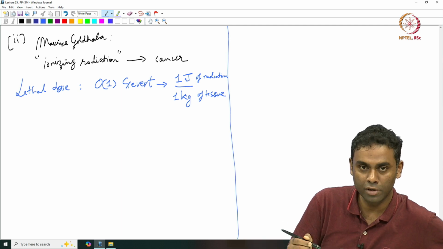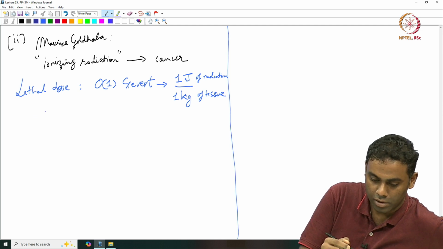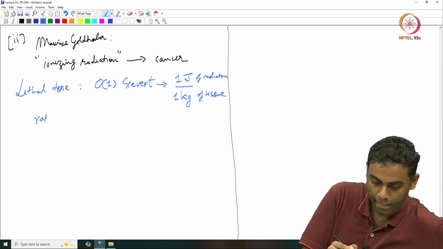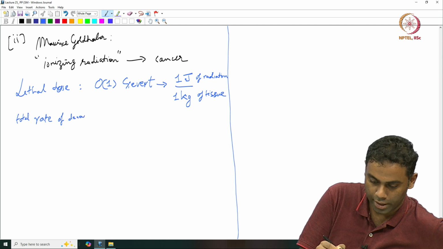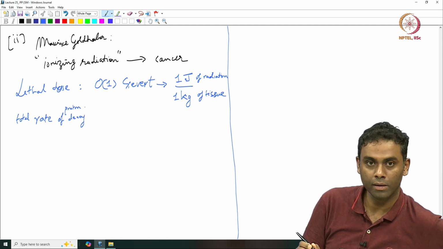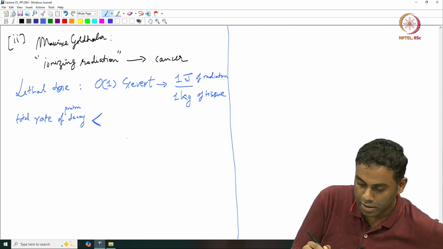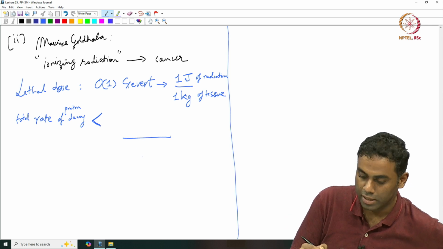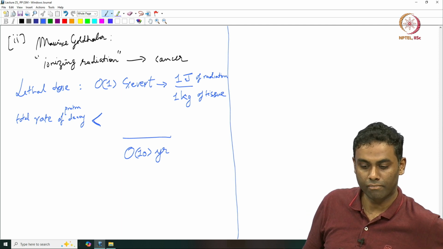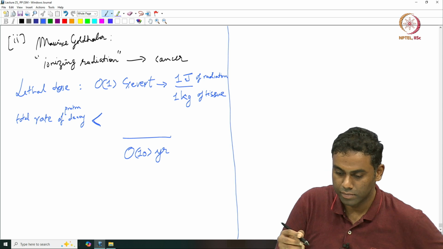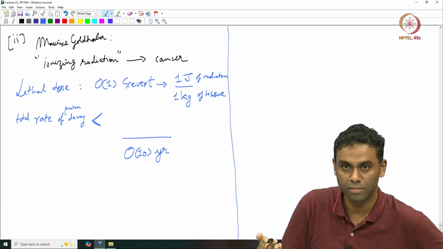So, he made use of that fact and said that the total rate of proton decay has to be smaller than, in the denominator I am going to put, we all live order 10 years, and this is the fraction of protons that have to decay in your body.